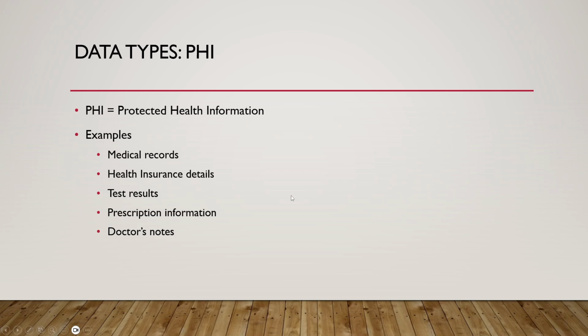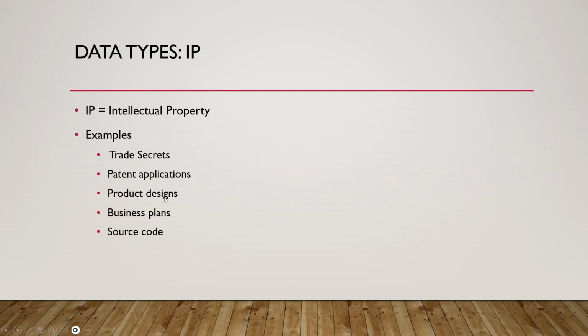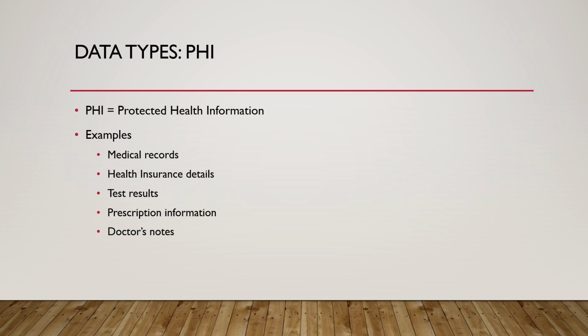The next type is going to be protected health information. Protected health information refers to anything that's health related, and it could be for the identity of an individual. PHI itself is definitely regulated. It's regulated by regulations like HIPAA, which is the Health Insurance Portability and Accountability Act.